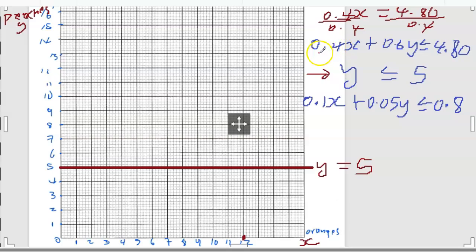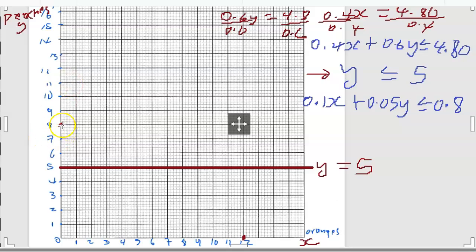Now we need to know where the graph cuts the y-axis. So this time now we're going to let the x be 0. So we're left with 0.6y equal 4.8. Divide both sides by 0.6, and we end up with y equal to 8.